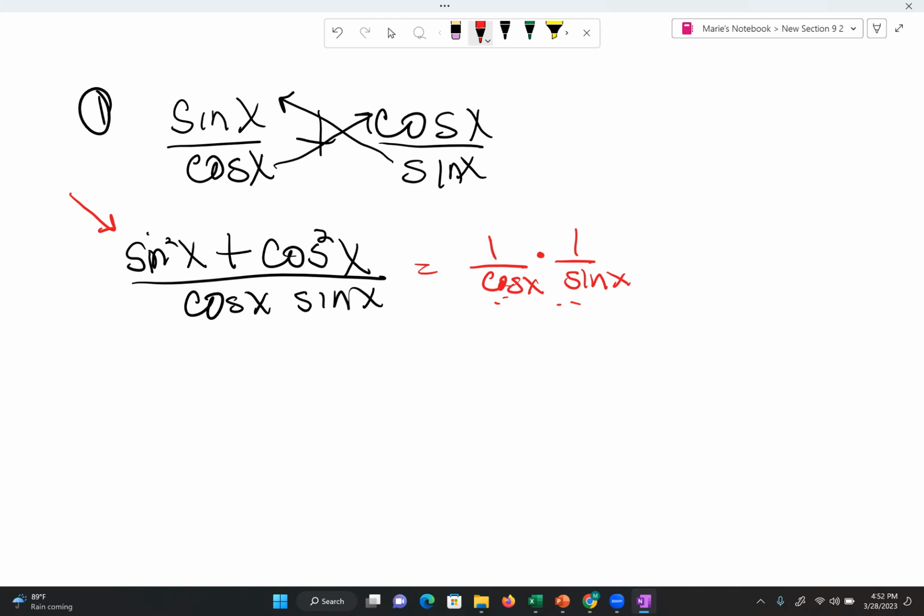So reciprocal identity would be obviously secant x cosecant x. Like I said, you could reverse them, however.